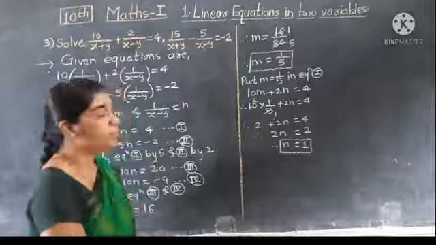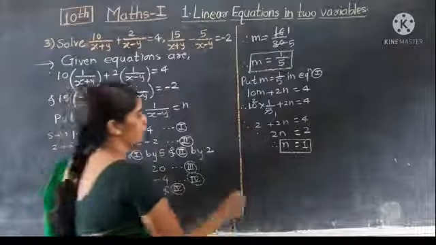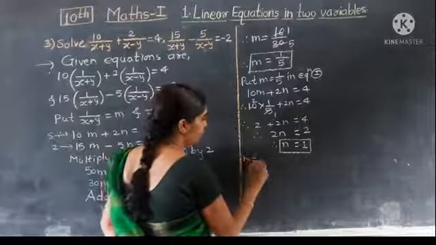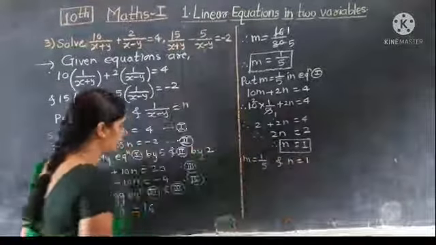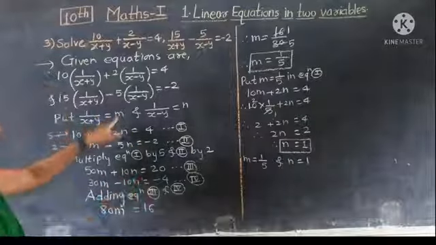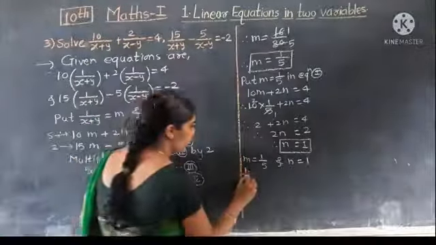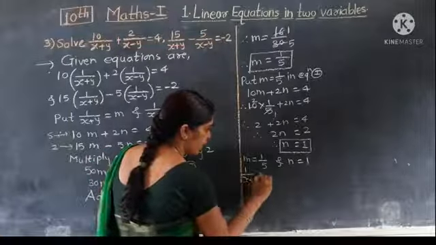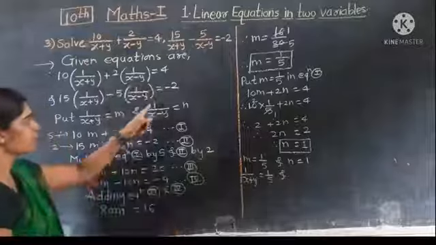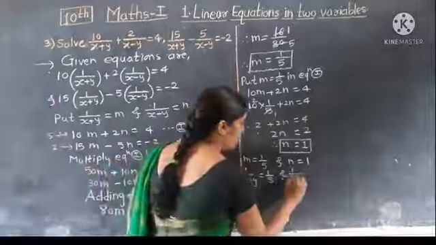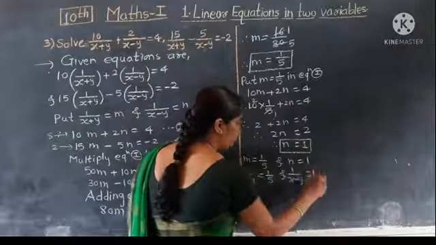But further, we simplify in terms of x and y. Now, what is m? m is equal to 1 upon 5 and n is equal to 1. Put the value of m and n. 1 upon x plus y is equal to 1 upon 5 and 1 upon x minus y is equal to 1.